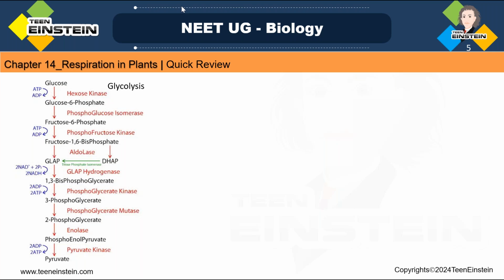And the third one, Krebs cycle. In the Krebs cycle, you can see 2 ATP, right? And there is 2 FADH2. That means it is equal to 2 ATP and 6 NADH. 6 NADH is equal to 18 ATP.